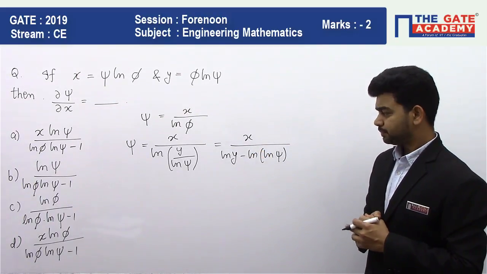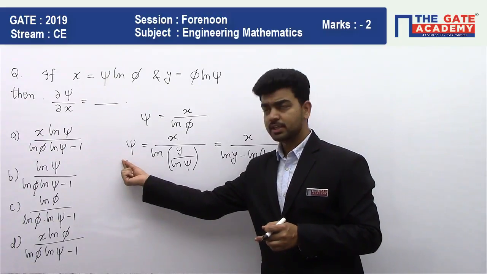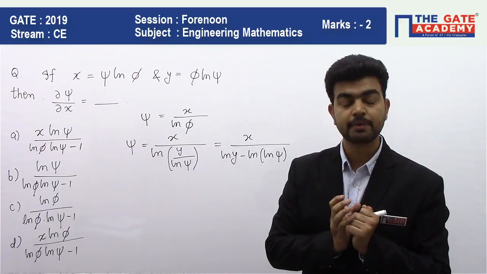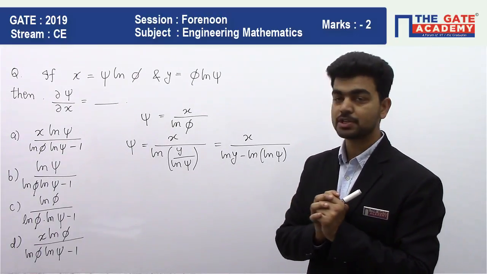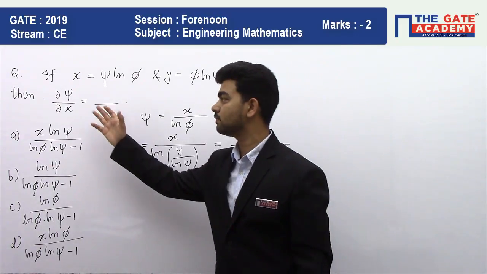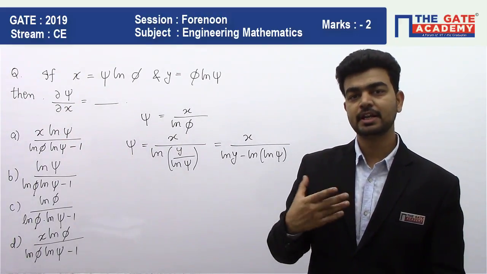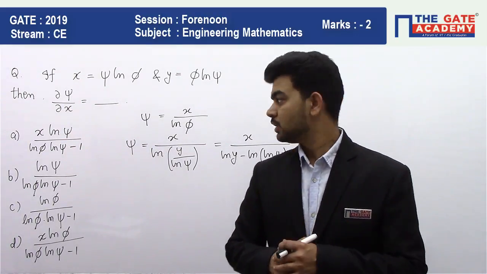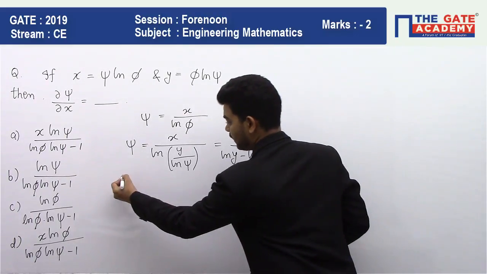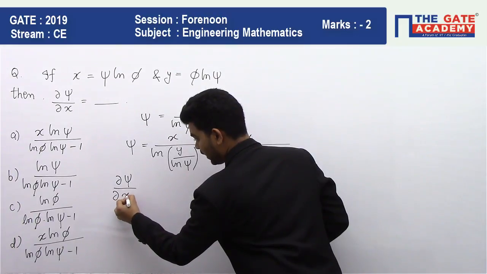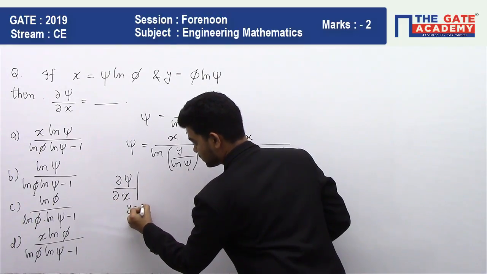Now we can differentiate this with respect to x by keeping y as a constant, because this is a fundamental of partial derivative. Whenever you are differentiating any function with respect to x partially, at that time the other variable is constant. So if we are differentiating psi with respect to x, here y will be constant.